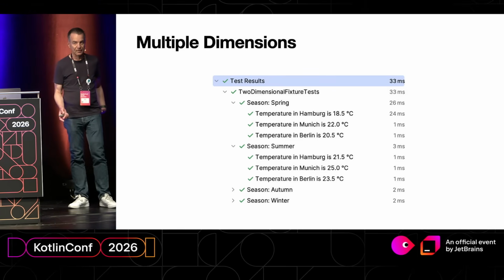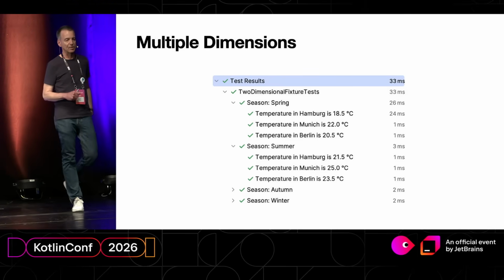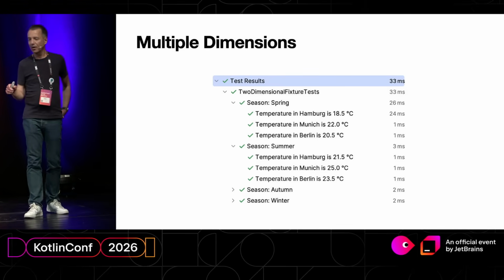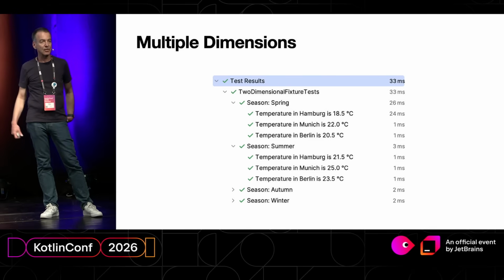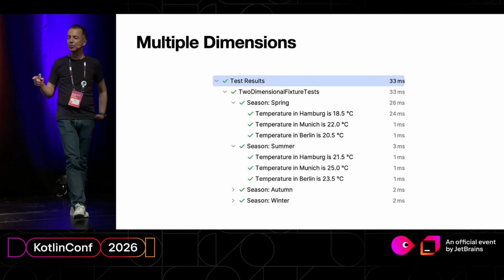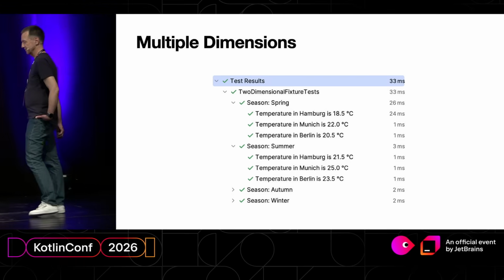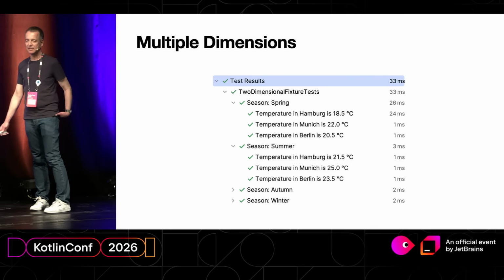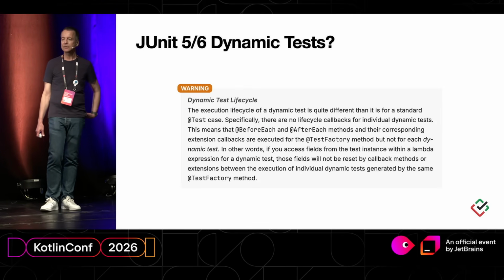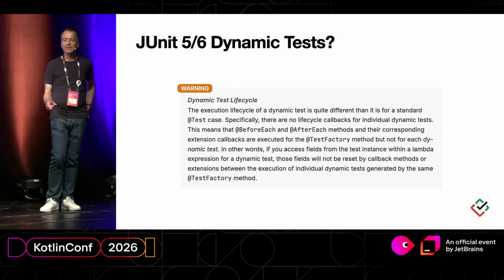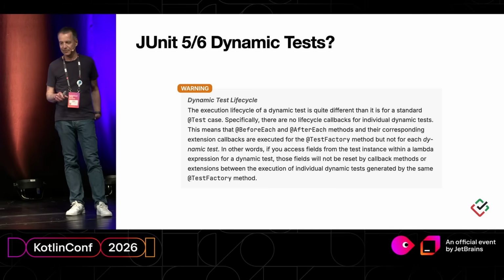One step further, we can test across multiple dimensions. Until now, we used our weather service, and we're just testing temperatures at 3 locations. But we want to make sure that this works across all 4 seasons. So we have 2 dimensions of testing. And again, with JUnit, you can actually do something like this, but then you end up in dynamic tests.